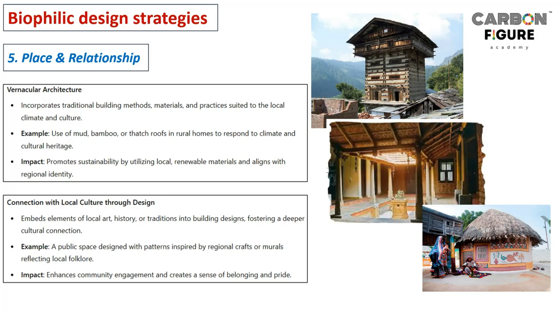Then place and relationship. So vernacular architecture. That's the ultimate concept, which means depending on your regional climate and depending on your regional lifestyle, accordingly trying to design your buildings, not thinking about what the modern tools and modern trends are.